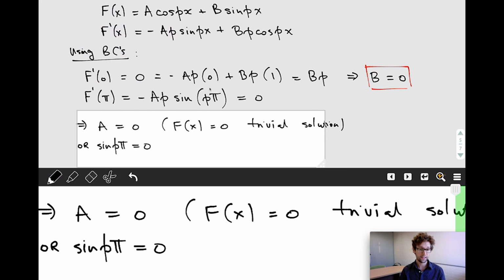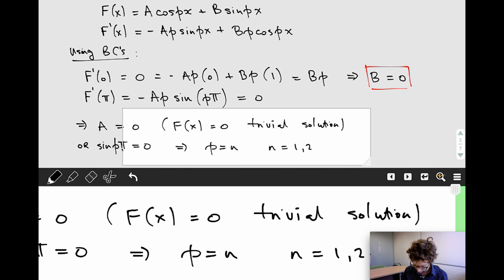And we've already seen that sine of any integer times pi is equal to 0, so that tells us that p has to be an integer. So n is equal to 1, 2, 3, and so on.